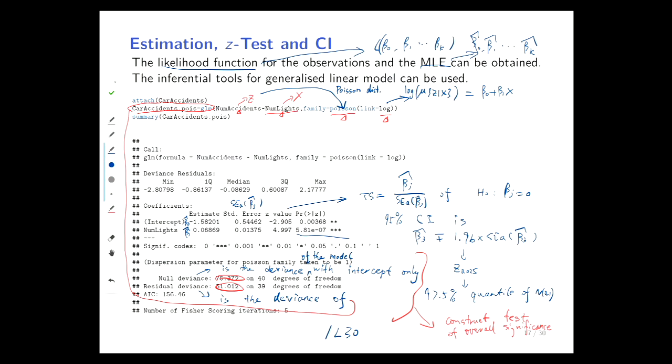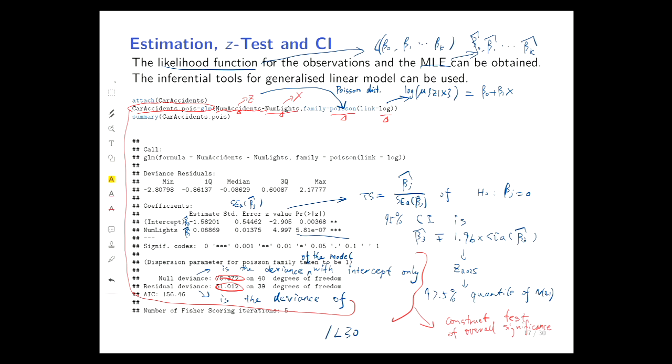And the residual deviance is exactly the deviance of the model we fit, where we model the number of car accidents as a Poisson distribution, and the mean of the Poisson distribution is a function of the number of lights. So that is our model.